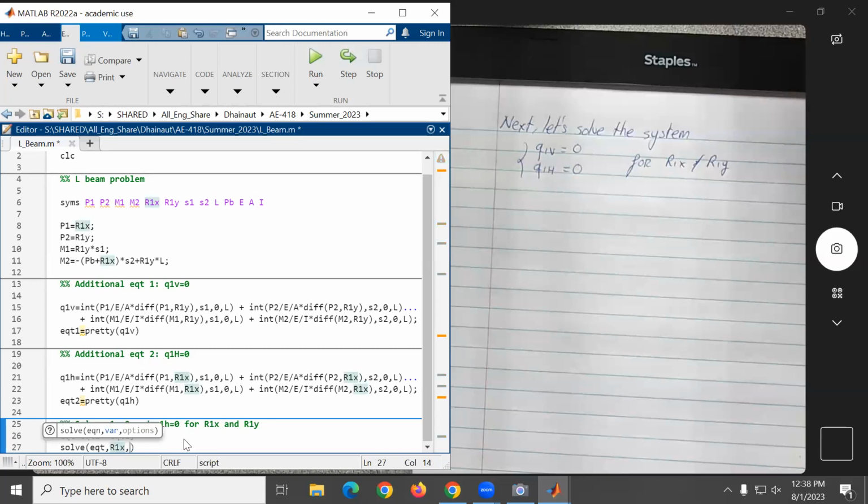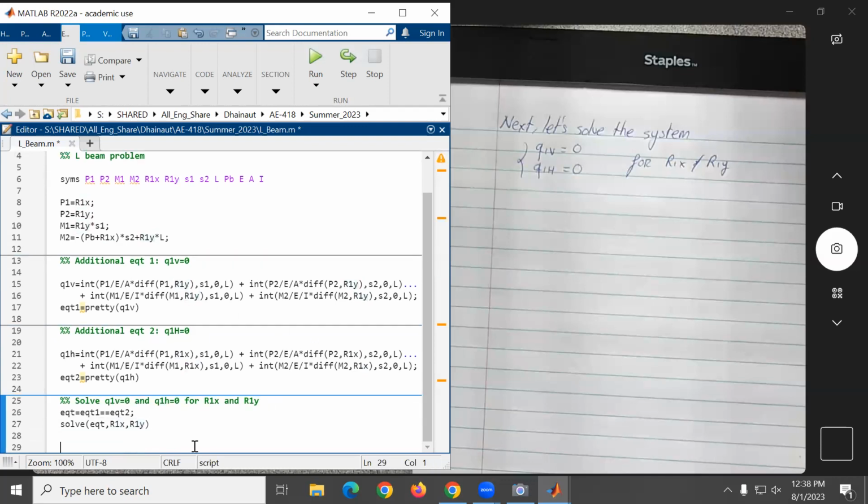I'm probably going to have to put a period, I don't know. Can I put something in front of the solve? I don't know if I can do that.